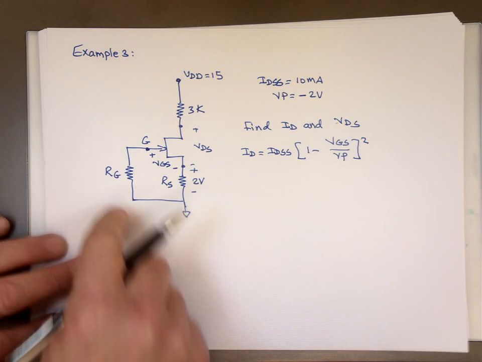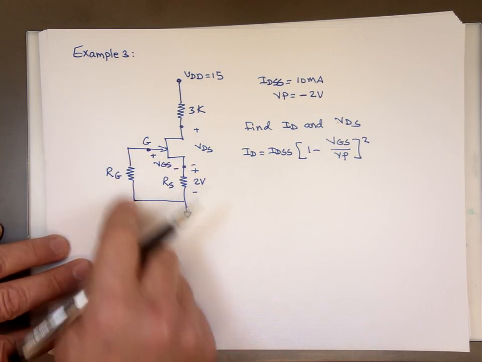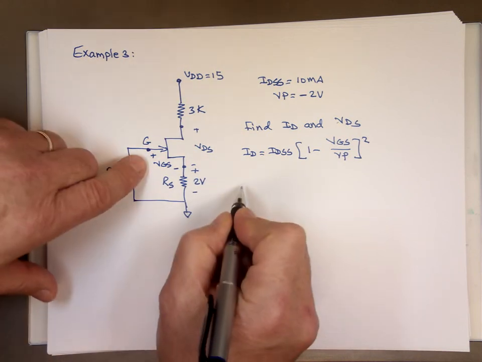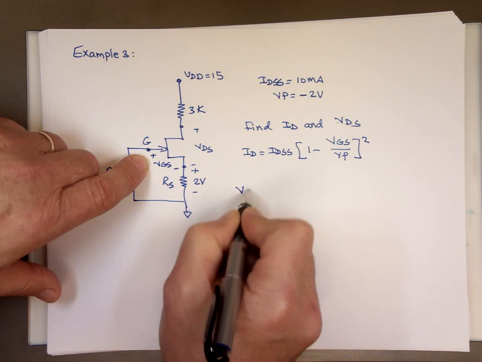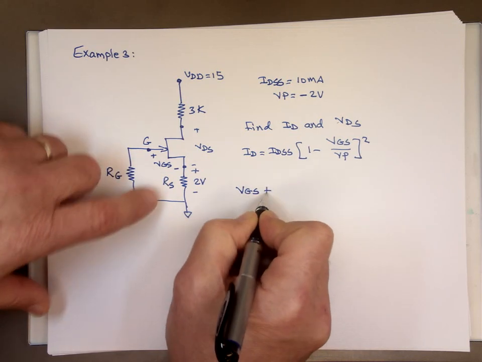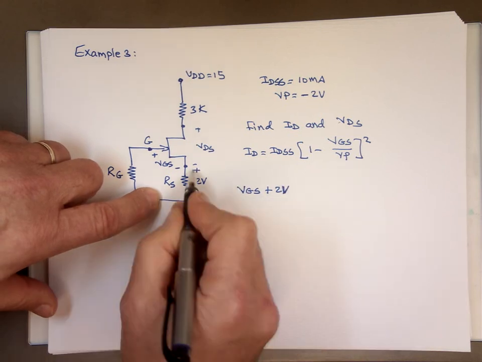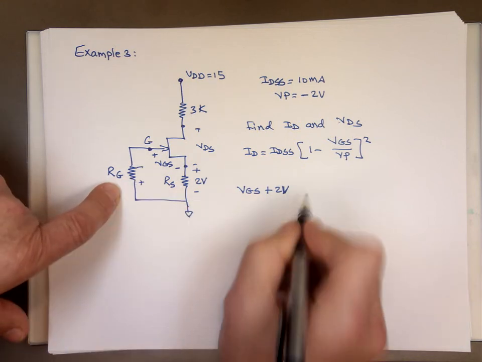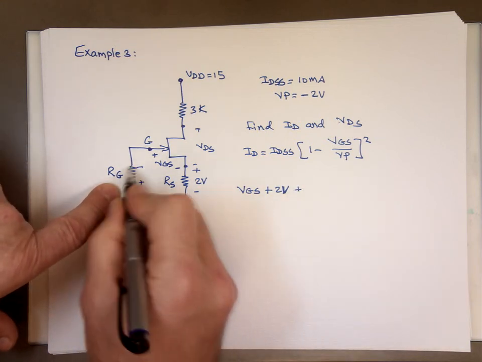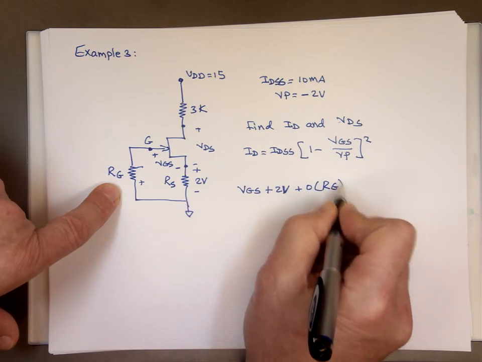So if I do KVL here, Kirchhoff's voltage law, I'm going to use plus to minus as positive: VGS plus 2 volts, plus, since we said the current is 0 here, 0 times R sub G, should equal 0.